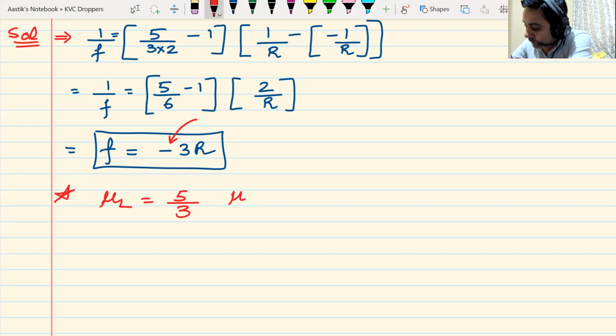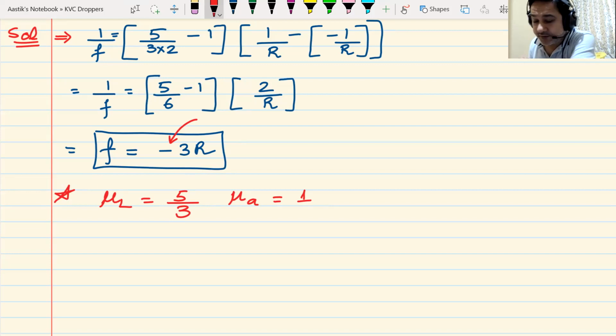Refractive index of air was 1. So, with respect to air, the lens was denser. It remained convex as it was supposed to be.